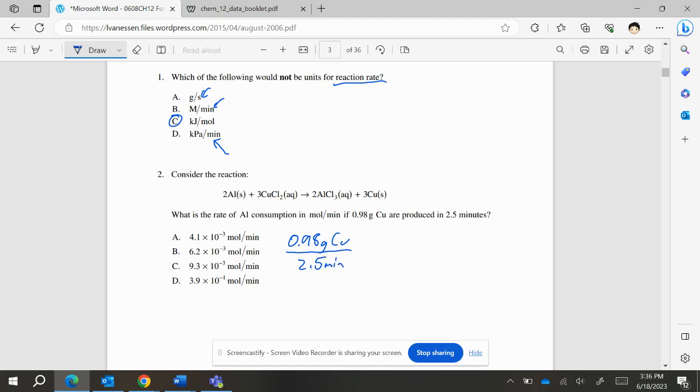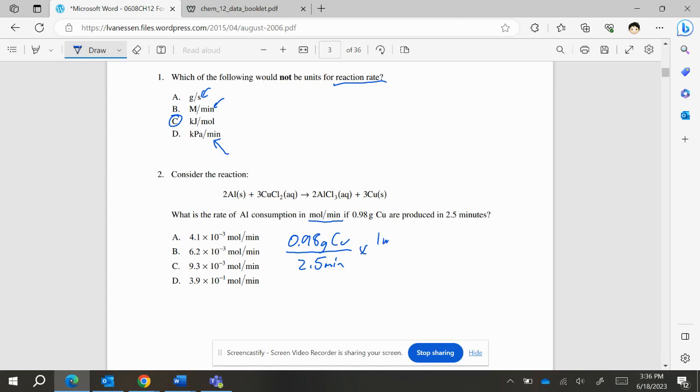I keep it in minutes just because it wants the answer in minutes, so I'm not going to be changing into seconds. Now, it wants me to change it to moles, and more importantly, into aluminum moles. So the first thing I'm going to do is change grams of copper into moles of copper per minute.